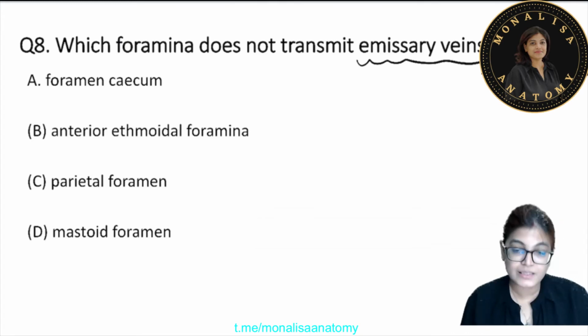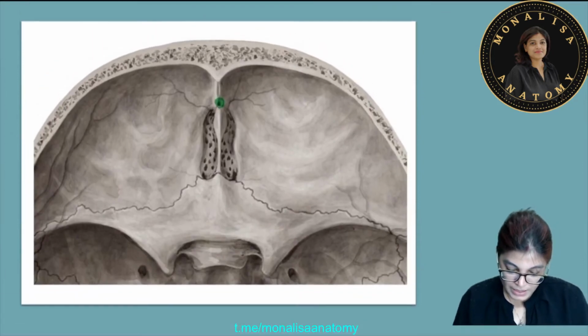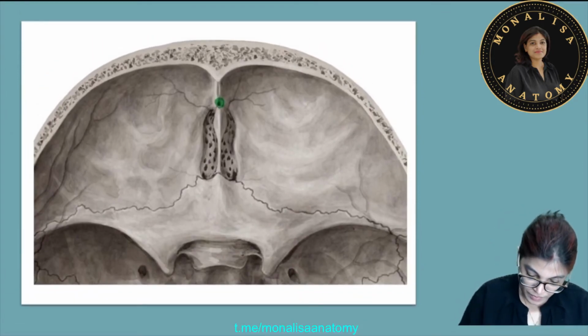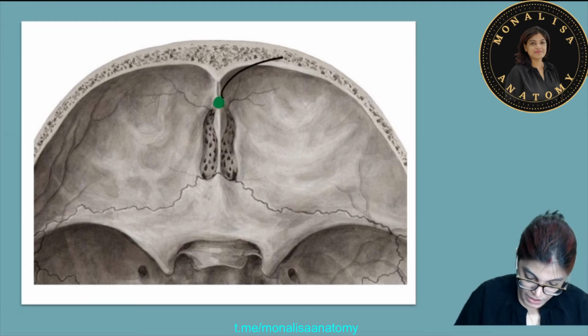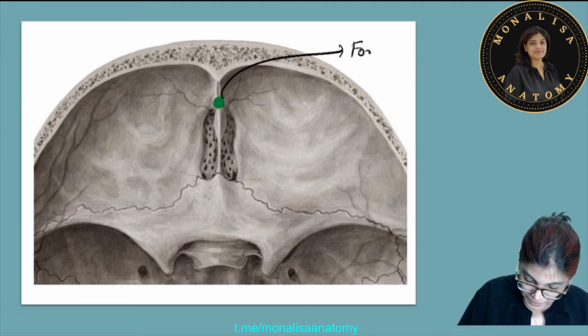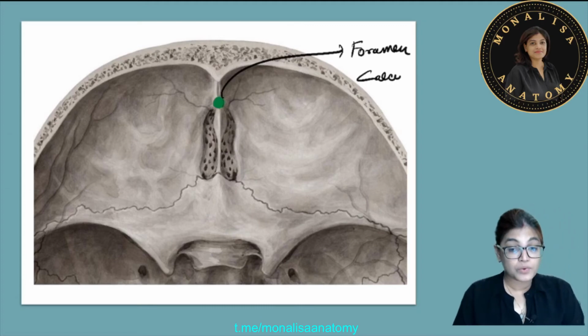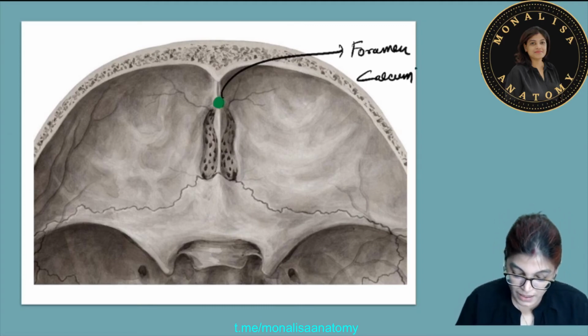Let's discuss each of the foramina and then we will come to this MCQ. Can you see in this diagram the green colored area which is highlighted? This is the location of foramen cecum. Through foramen cecum passes an emissary vein.